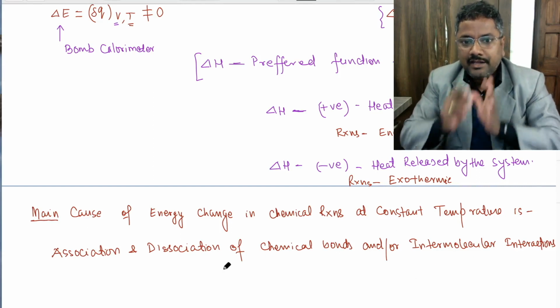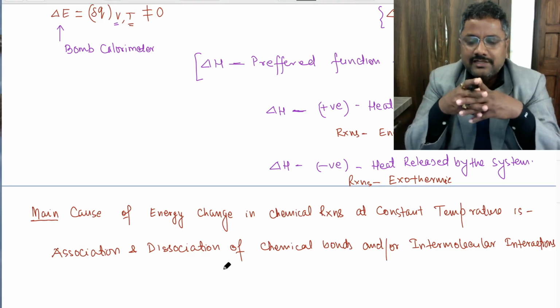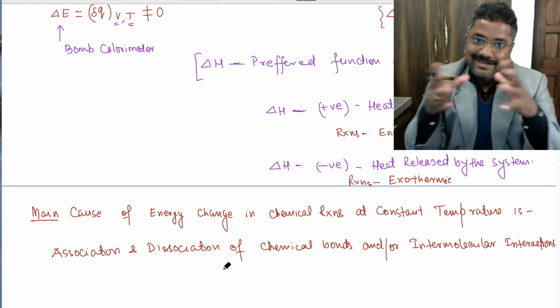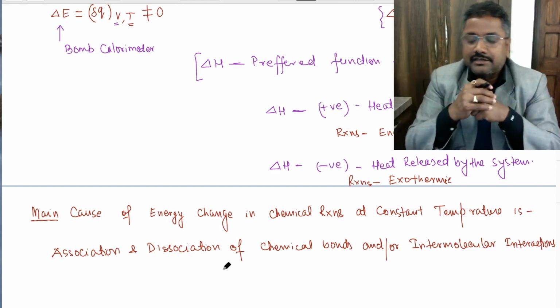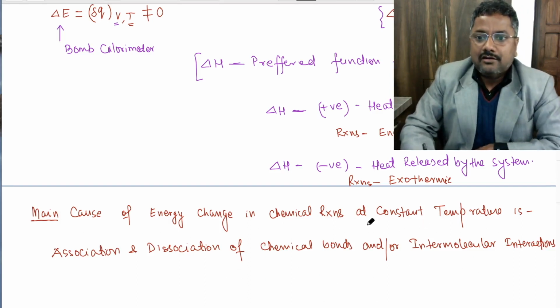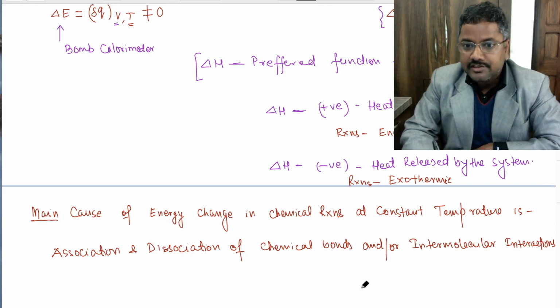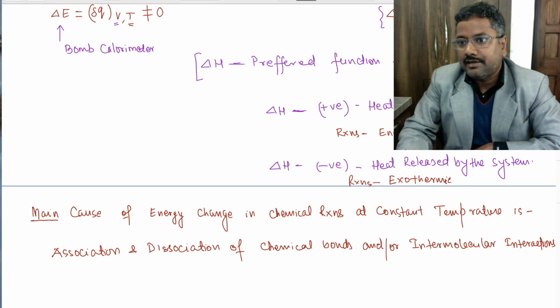So the main cause is this. Some other factors may also change the energy, but those are also related to some molecular interactions, right? So the main cause is the association and dissociation of chemical bonds or intermolecular interactions.